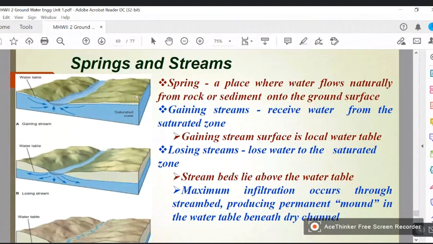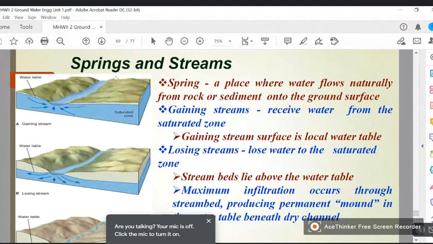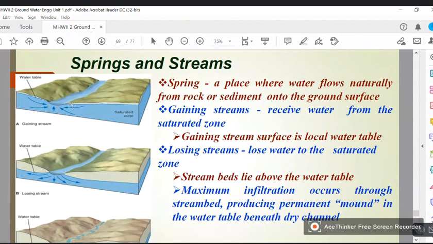So there will be surface runoff which will flow into the stream. This is the stream. So apart from the surface runoff, the groundwater also flows. This is the groundwater table.